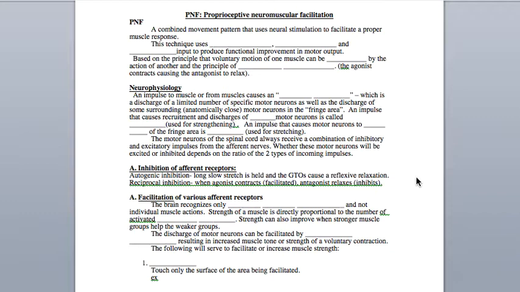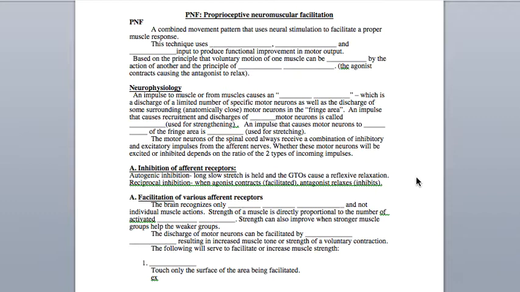All right. Neurophysiologically, what do we have going on? An impulse to a muscle or from muscle causes what's called an impulse volley, which is a discharge of a limited number of specific motor neurons as well as the discharge of some surrounding motor neurons. So we might be wanting to cause an impulse to the quadriceps, let's say.